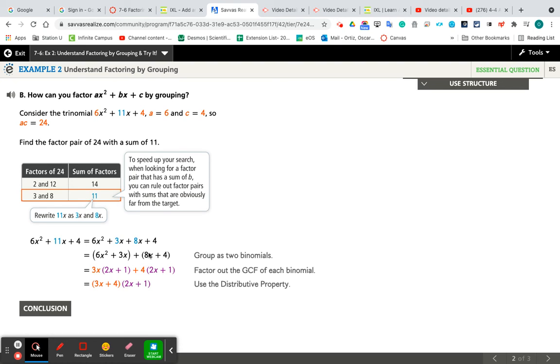And the common factor here is 4. So we get this factorization, but we do that factorization one more time. So this 2x plus 1 is now a common factor. So you can see the common factor 2x plus 1 times the two other factors added together, the ones in red. So our factorization is 3x plus 4 times 2x plus 1.